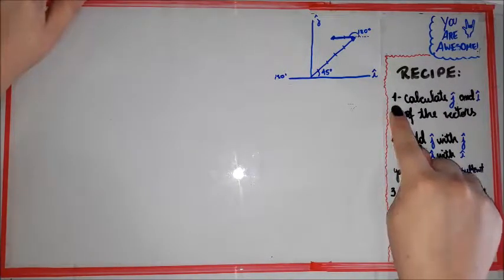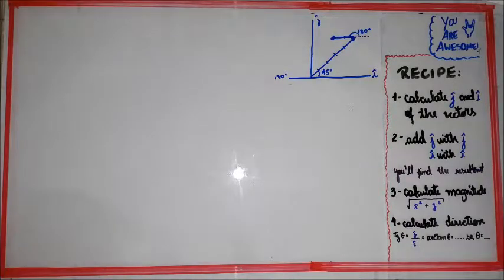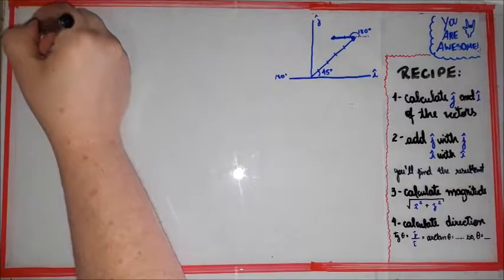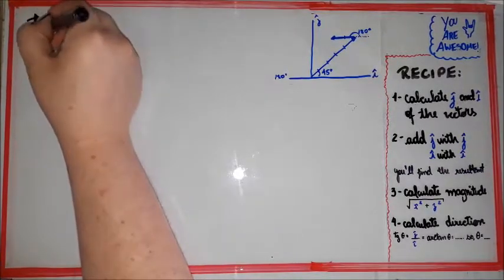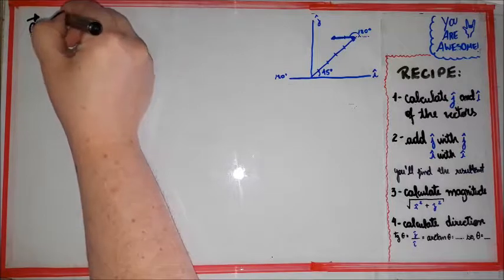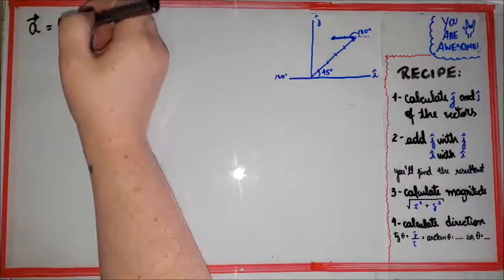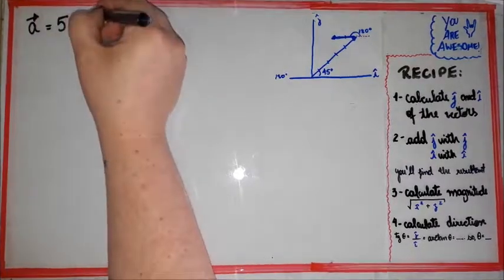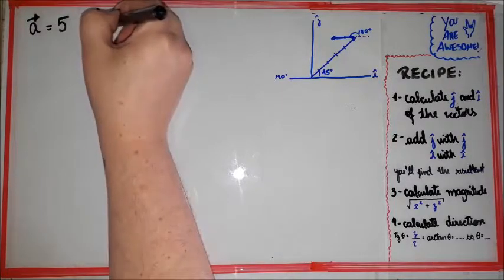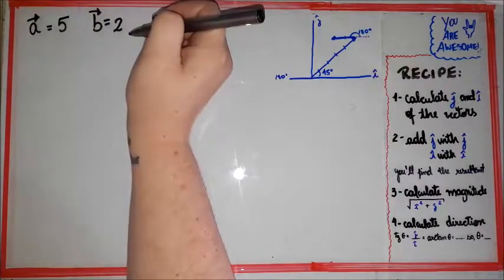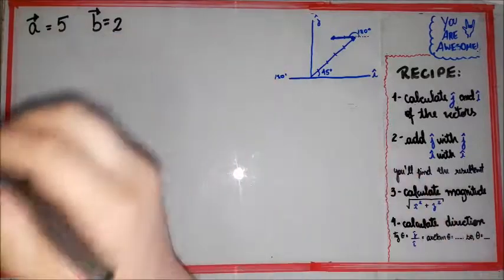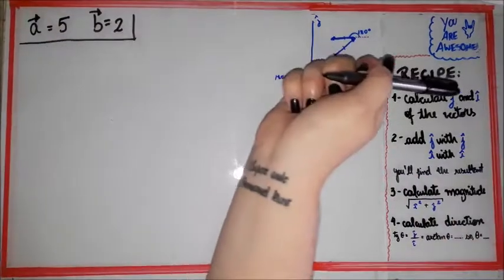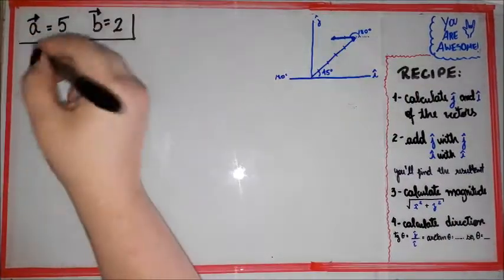First step, we have to calculate the j hat and i hat components of the vectors. Our first vector is vector A. It has 5 of magnitude. And vector B has 2 of magnitude, meters per second. I have to find j hat and i hat.